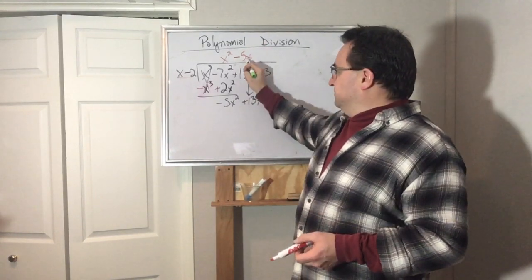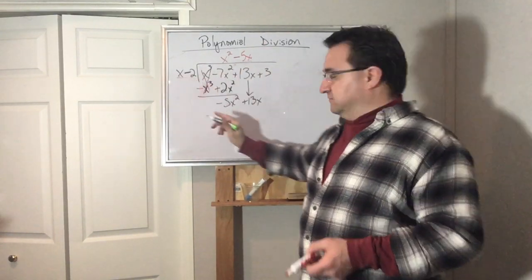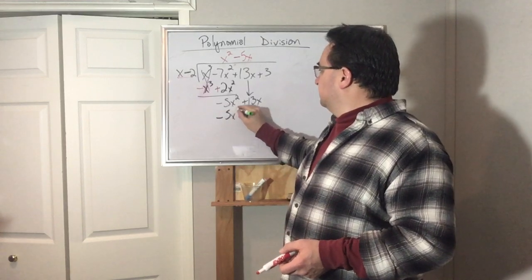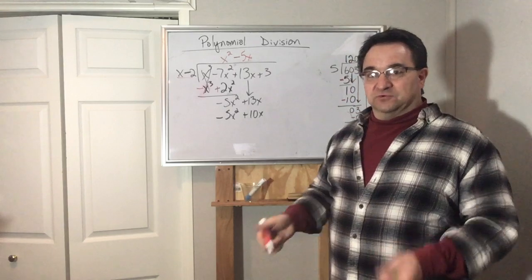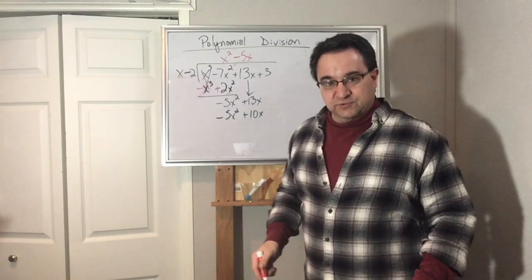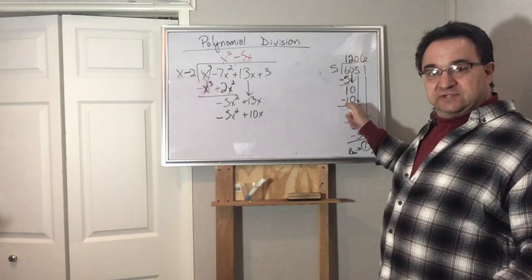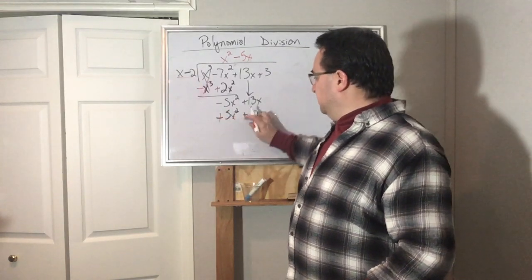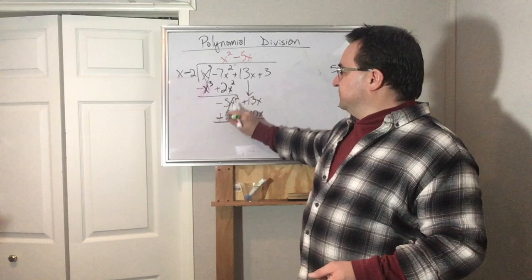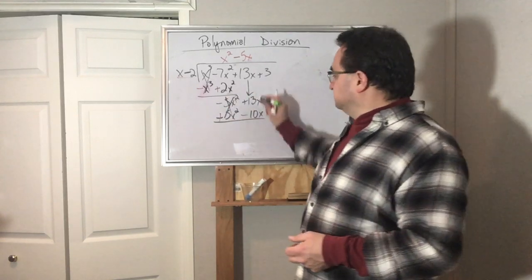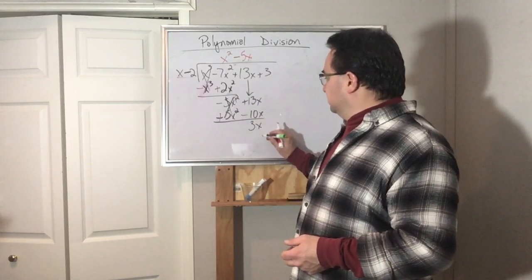And then I have to multiply minus 5x times both of those. Plus 10x. And then I have to switch the signs. Why do I got to switch the signs? Same reason I switched that sign. So this becomes plus, and this becomes minus, and I add what I see. The first term should drop out, and this is going to be 3x.